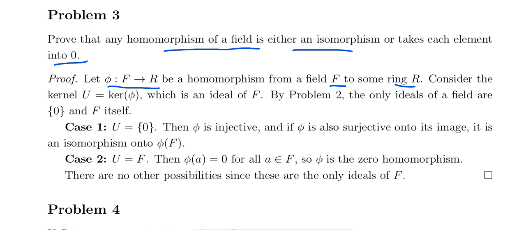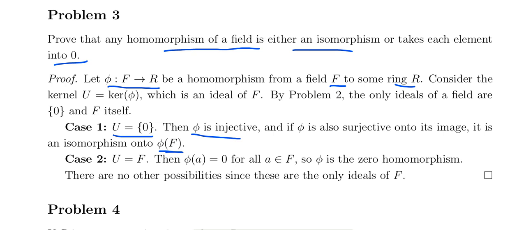Consider the kernel U, which is an ideal of F. Applying the previous problem, the only ideals of the field are 0 and F itself. If you take U equal to 0, then pi is injective, and also surjective onto its image, so it is an isomorphism onto pi of F.